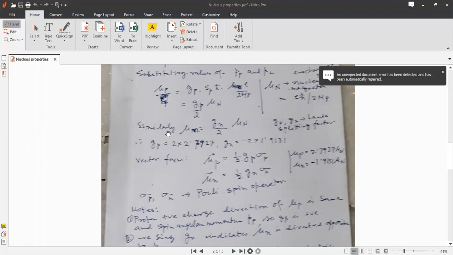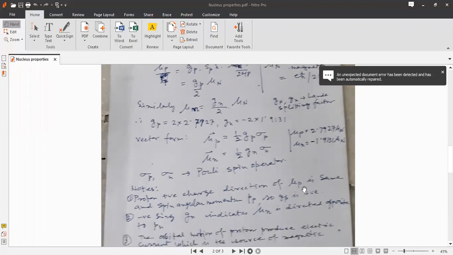Now for the proton it is found to have this value, and for the neutron it has this value, minus 1.9131. Just look at the minus sign. This is also a very interesting and important point to be noted.